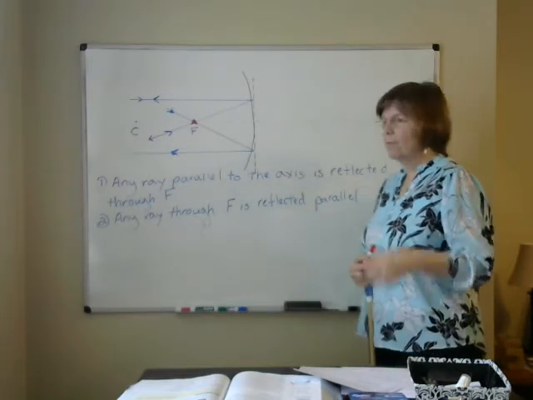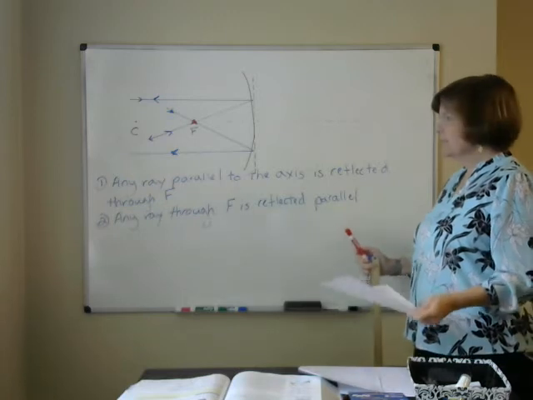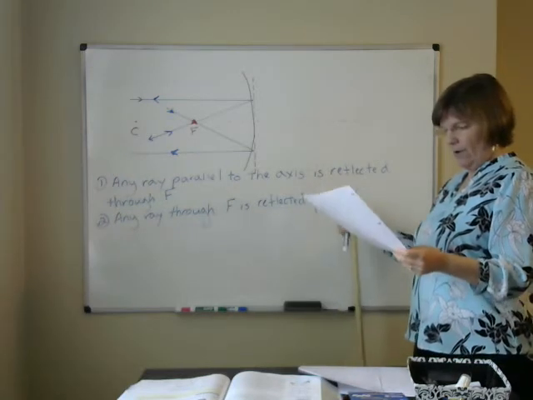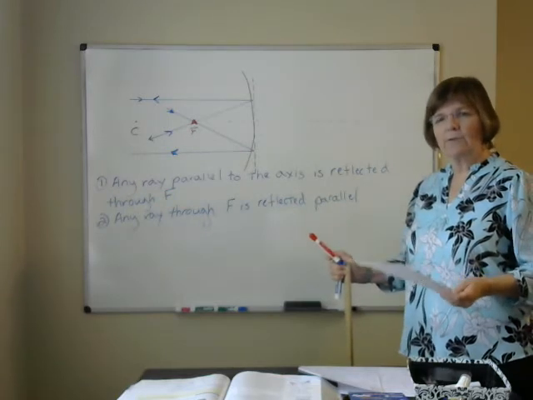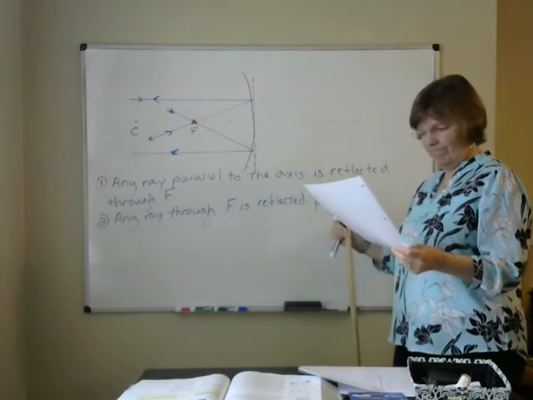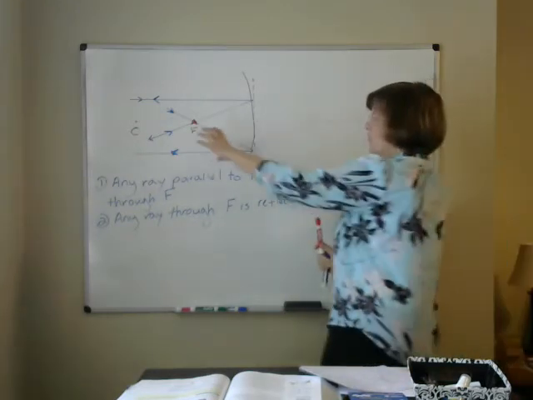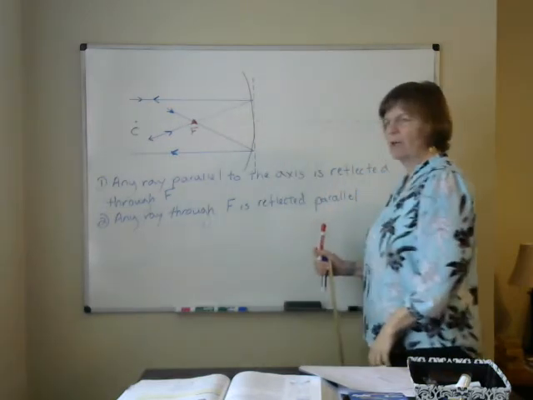For spherical mirrors, this is in your notes if you print off the notes, those statements are true for what we call paraxial rays, rays that make small angles with this axis, as long as we don't get real crazy large angles, okay?